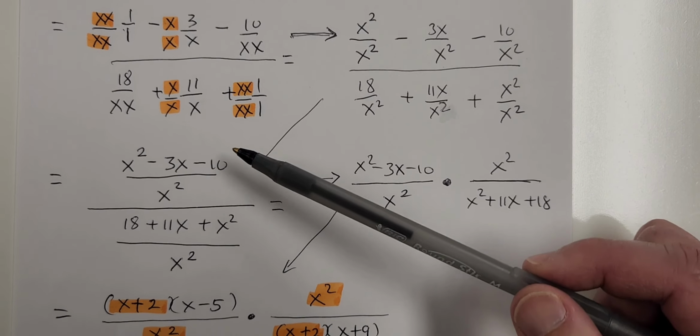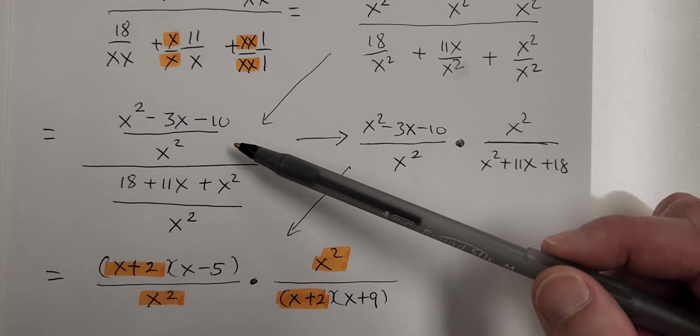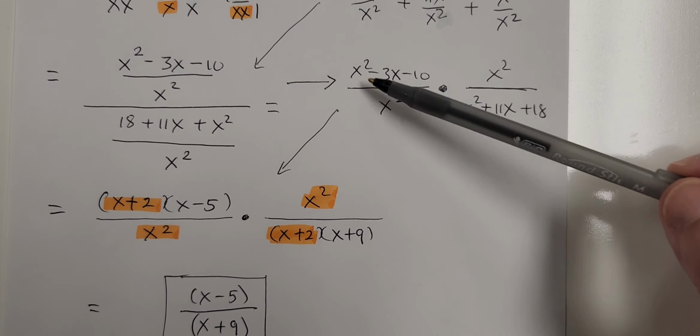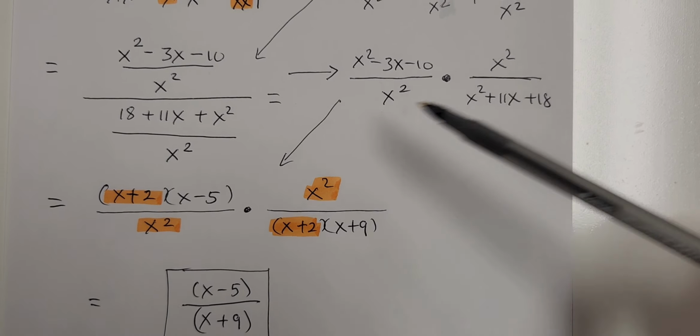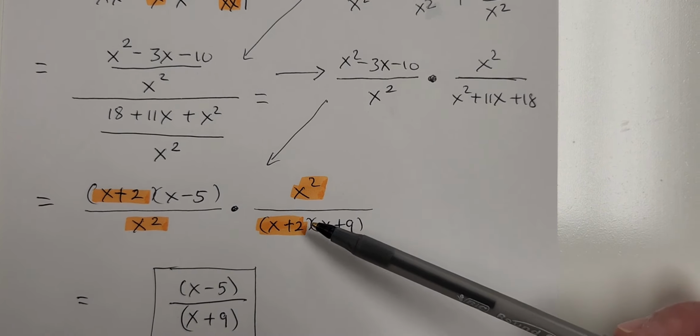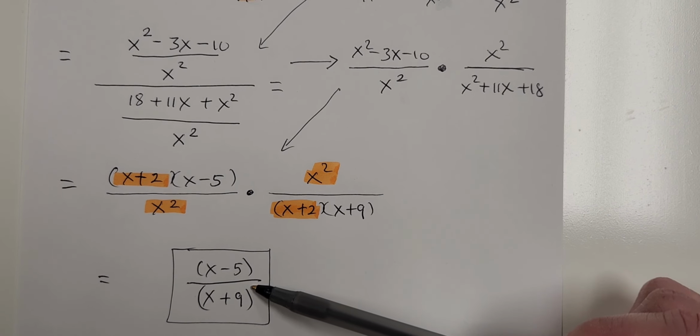Okay, and then follow the fractions divided by fractions rule, keep, change, flip, and that comes over here, and then factor this trinomial that's here, factor this trinomial that goes here, cancel the ones that are the same, and then the ones that are not canceled become our final answer.